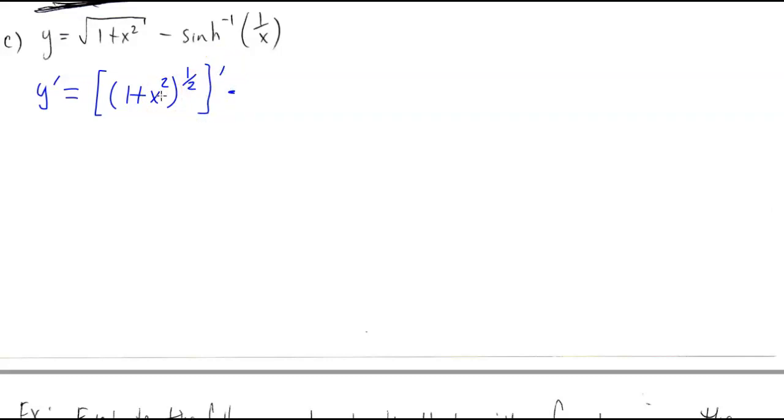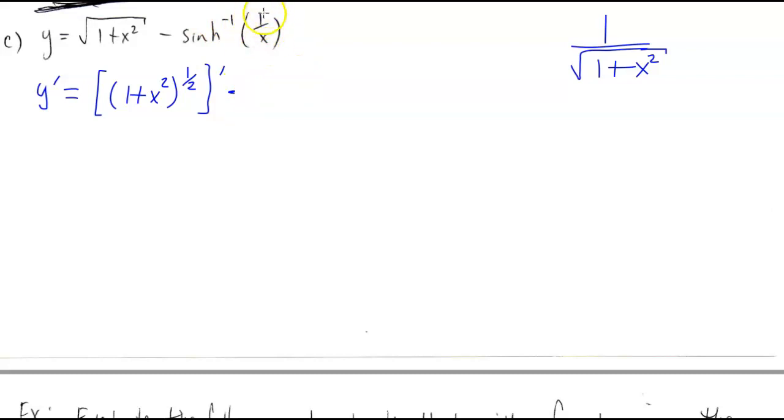We also know that the derivative of the inverse of sine hyperbolic is just going to be 1 over square root of 1 plus x squared here. So we know that's going to be the derivative of that.